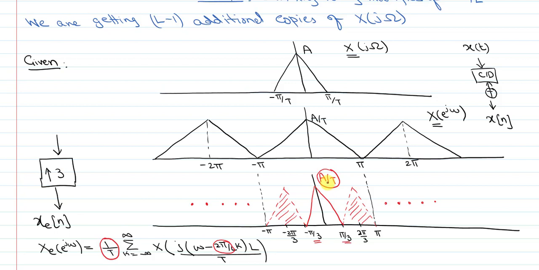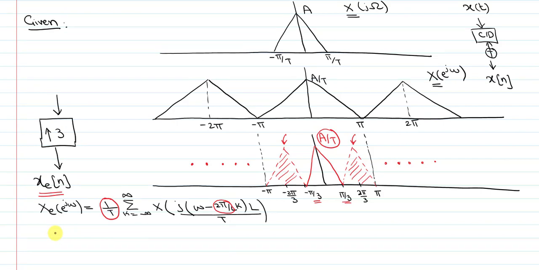So how do we fix that? Well, the answer is very simple. I can get rid of this additional copy and this additional copy by low-pass filtering my expanded sequence. So if I draw my low-pass filter over here, if I low-pass filter with a perfect low-pass filter with cutoff of pi by 3, what's going to happen?